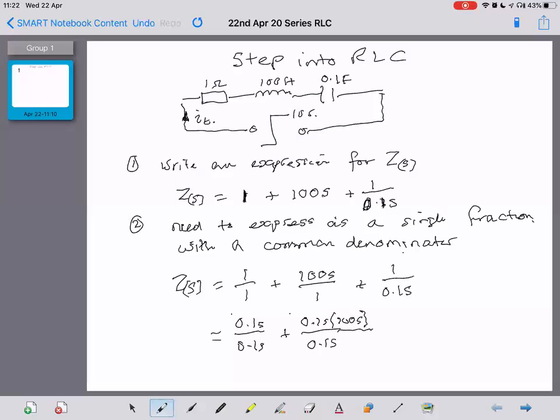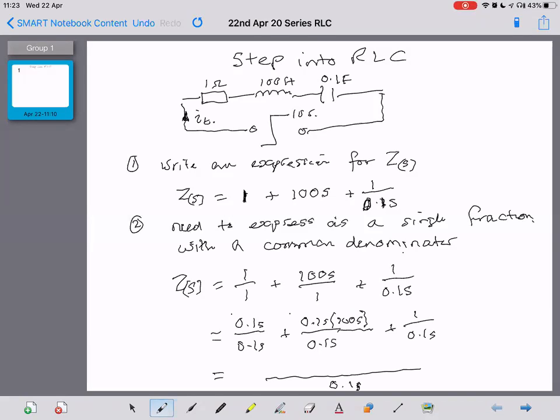And then here it's plus, and that stays the same because the denominator is already 0.1S. Everybody follow that so far? That means we can write the whole thing with one denominator of 0.1S.